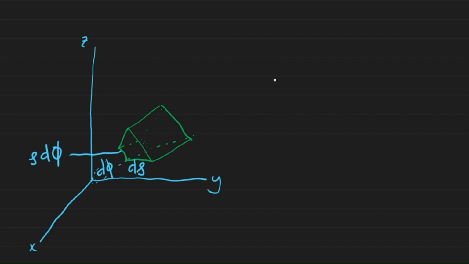We have our little element, that's d theta, that's r. This is r d theta. So this has changed somewhat now. So here we have d phi and we have rho. So that must be rho d phi.